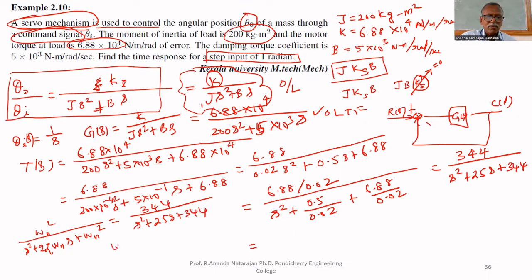Here, omega n equal to square root of 344, and 2 zeta omega n equal to 25.